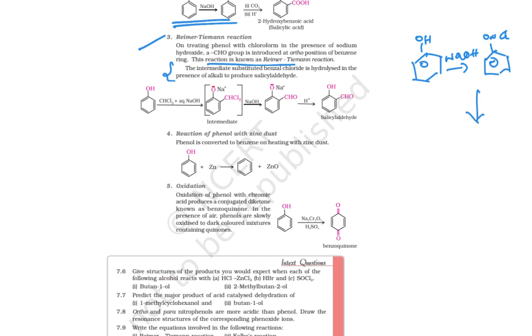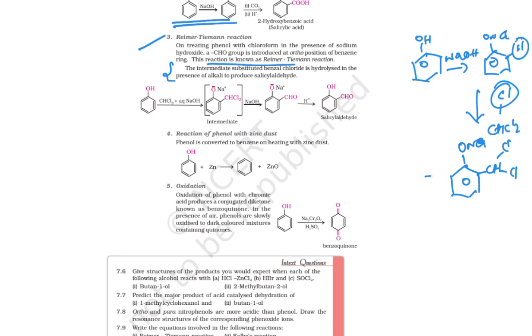This sodium phenoxide, when it reacts with chloroform, CHCl3, there is one hydrogen here, right? This hydrogen and this Cl get removed. What is the product we are going to get? Look here, ONa, CHCl2.